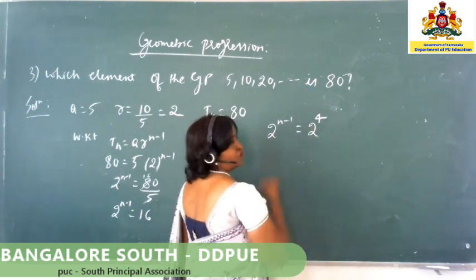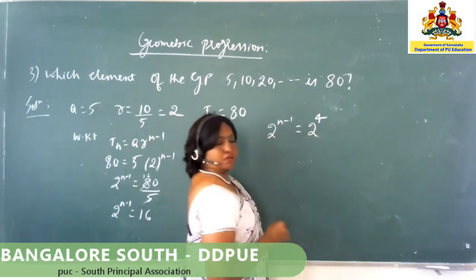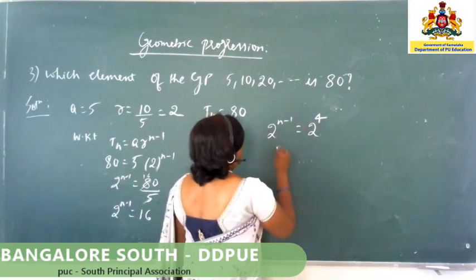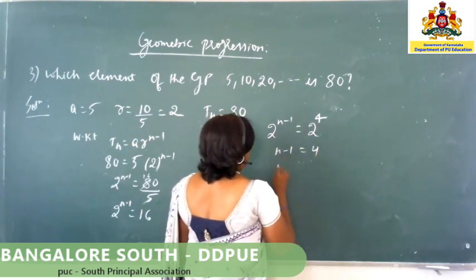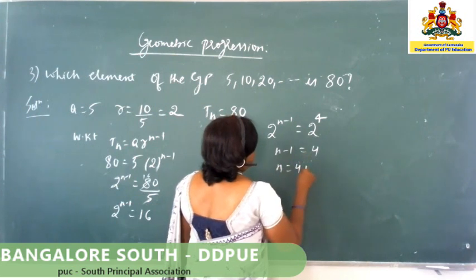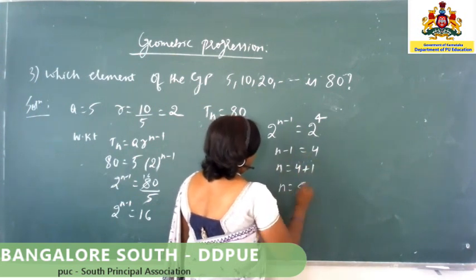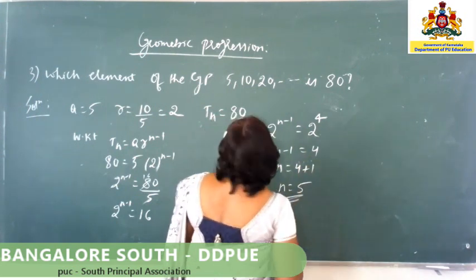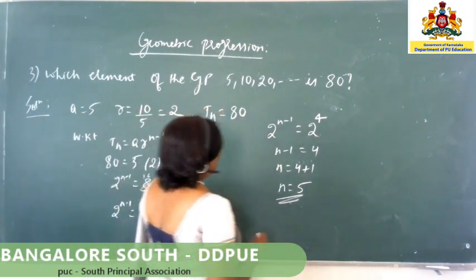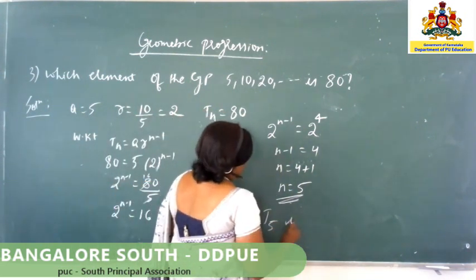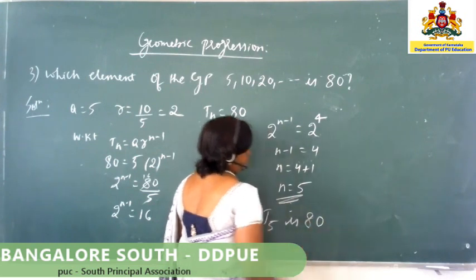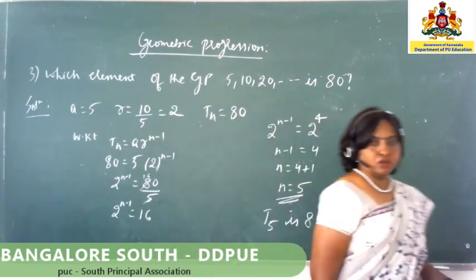The bases are same, so powers will be equal. N minus 1 is equal to 4, n is equal to 4 plus 1, n is equal to 5. That means T5 is 80. Yes, make a note.